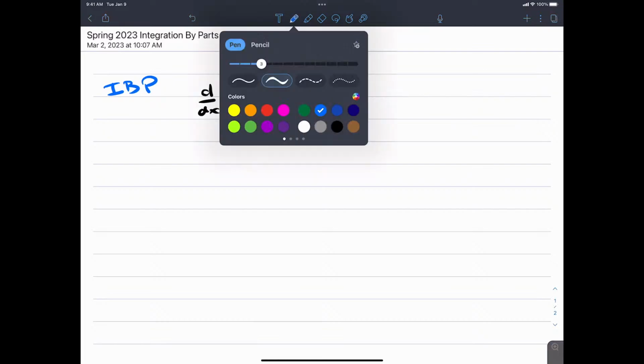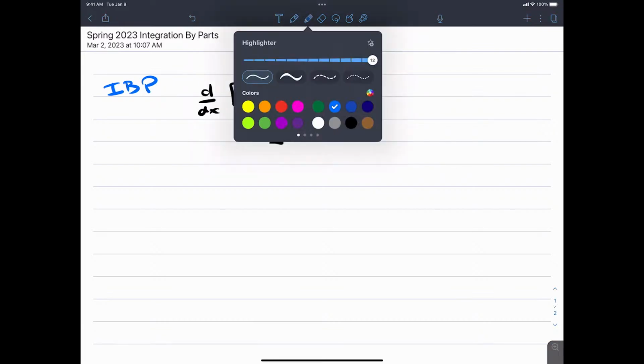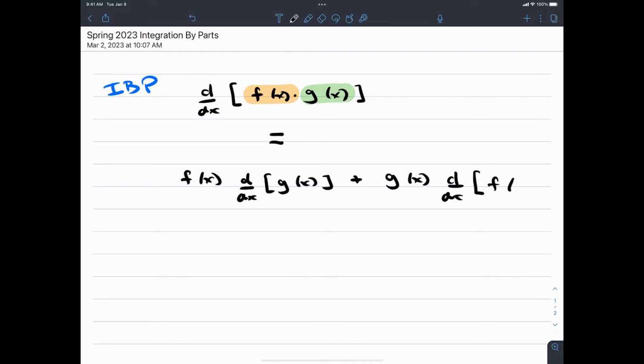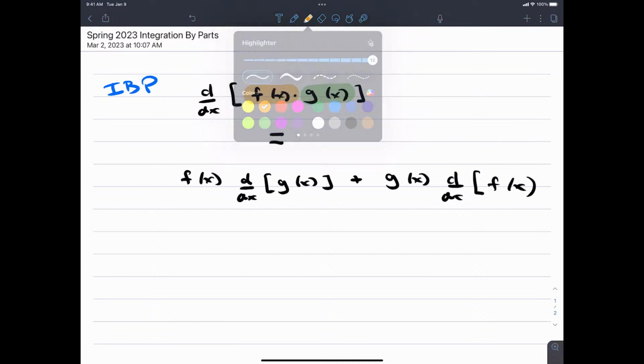So if you remember the product rule, you have the product of two functions, f and g. So by product rule, you can pull out the first function and you differentiate the second function, right? And then I can pull out the second function and then differentiate the first function. So this is product rule for derivatives here.